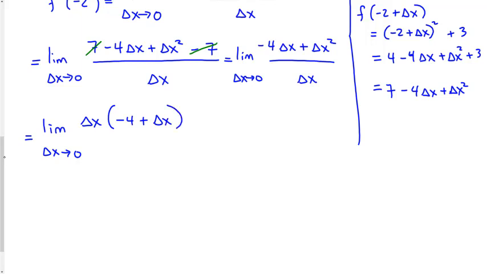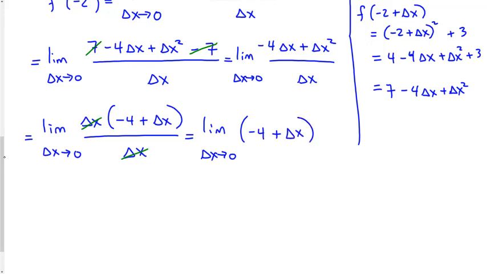Then you have this factor of delta x in the denominator, which can cancel that factor out, which leaves you the limit as delta x goes to 0 of negative 4 plus delta x, which is negative 4, because when we let delta x go to 0, this term goes to 0, so we get an answer of negative 4.